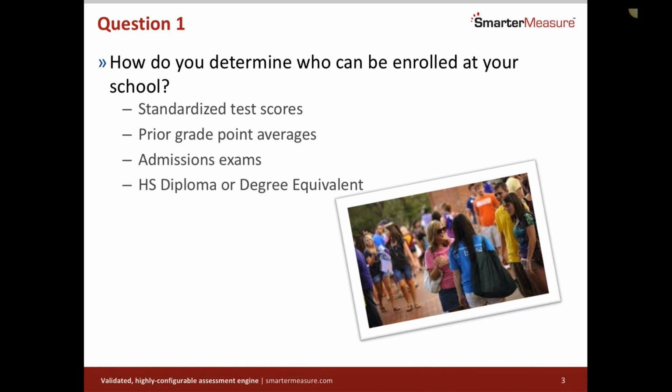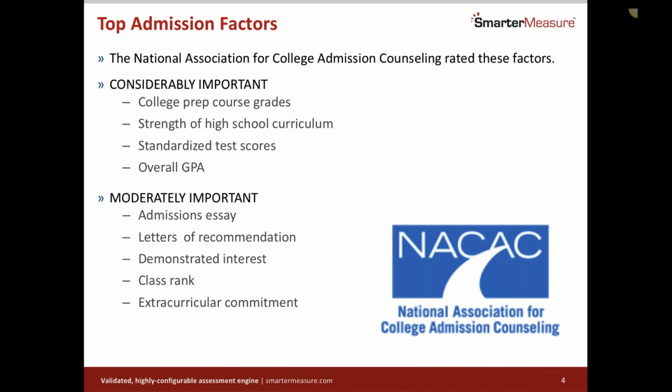There's some type of minimum entrance requirement. Typically, according to the NACAC, the National Association for College Admission Counseling, they rated these factors as considerably important and moderately important in admissions of students to colleges.